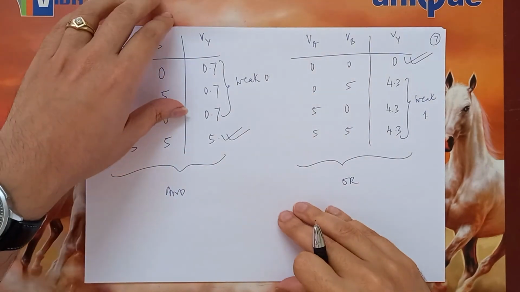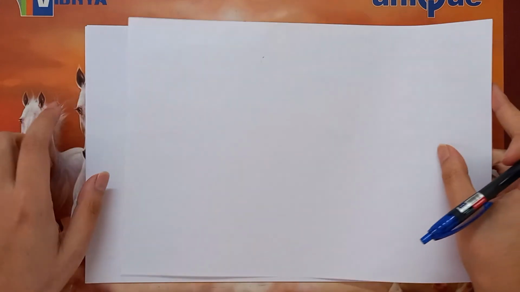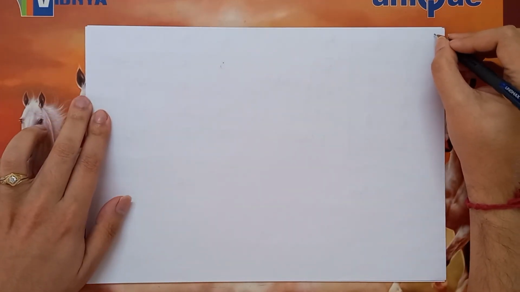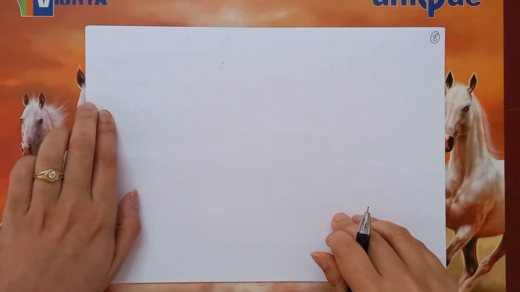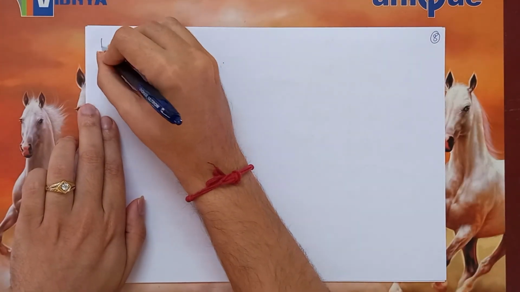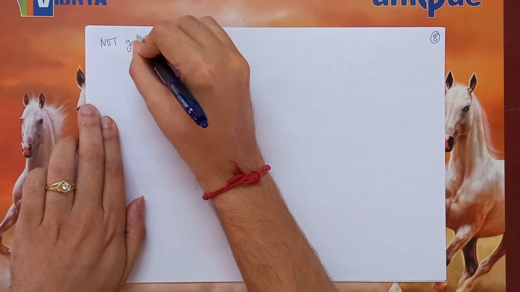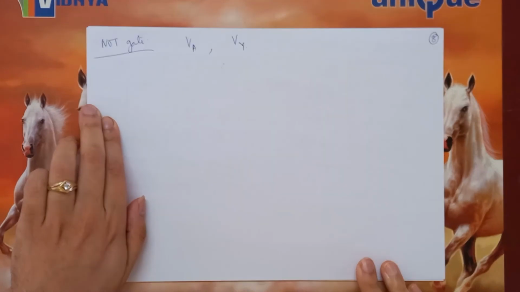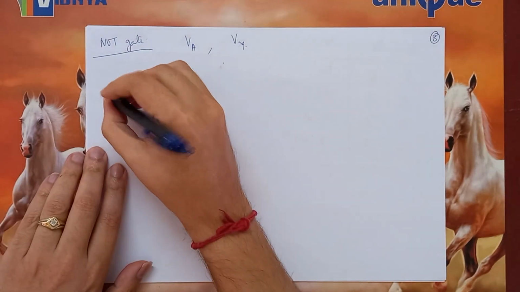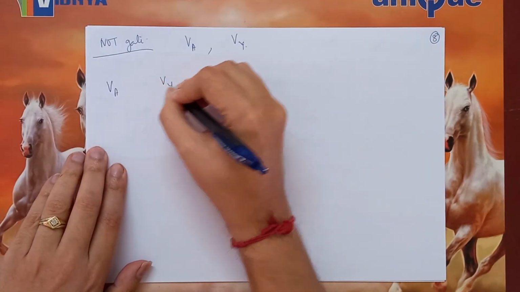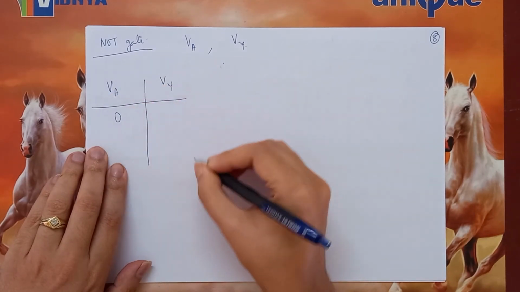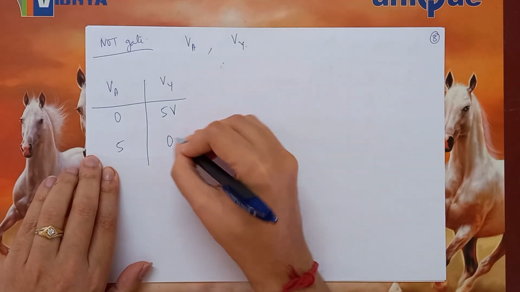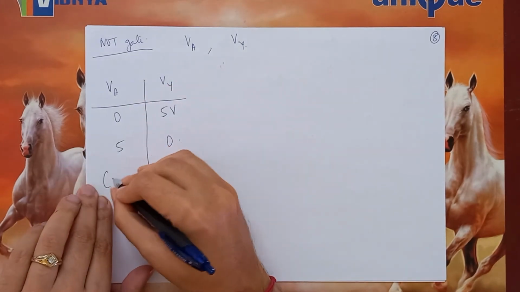So if I were to try and see what we can have for a NOT gate, we would have one input VA and one output VY. What we expect ideally in the truth table is that if the input is 0, the output should be 5 volts, and if the input is 5, the output should be 0.